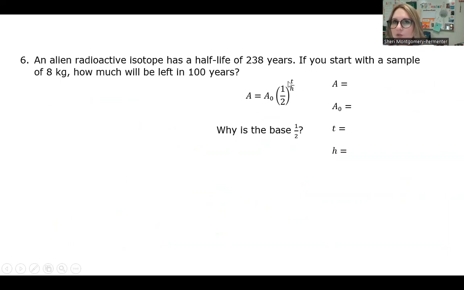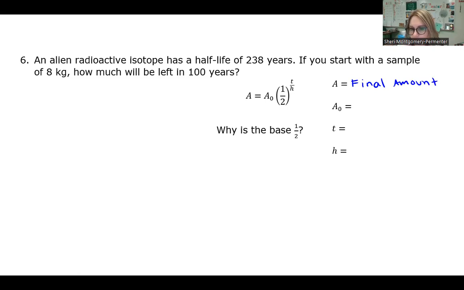Well, I am giving you this formula. And so I'll tell you what all of the pieces mean. So A, that stands for your final amount. A sub 0. So it's sub 0 because that's like how much you have when you start.